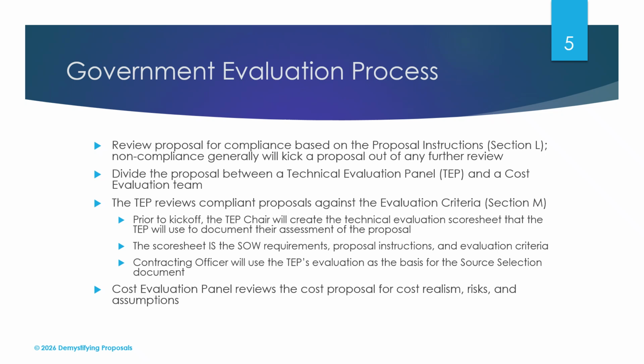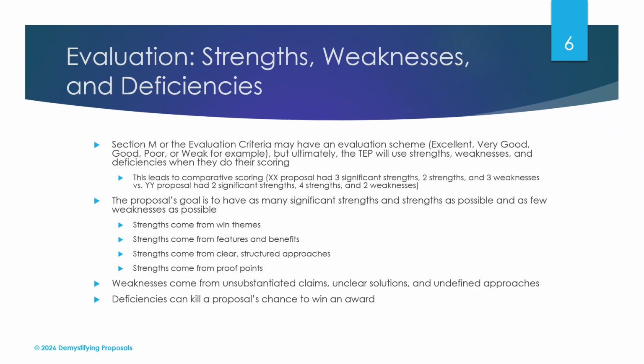On the other side, for the cost volume, the cost evaluation panel reviews the cost proposal for cost realism, risks, and assumptions. While Section M, or the evaluation criteria, may have an evaluation scheme, such as excellent, very good, good, poor, or weak, ultimately the TEP will use strengths, weaknesses, and deficiencies when they do their scoring.